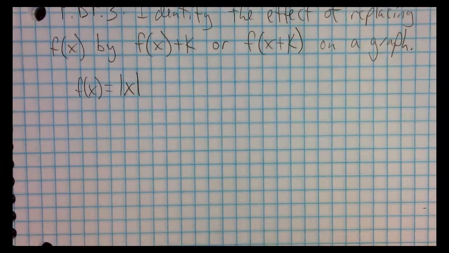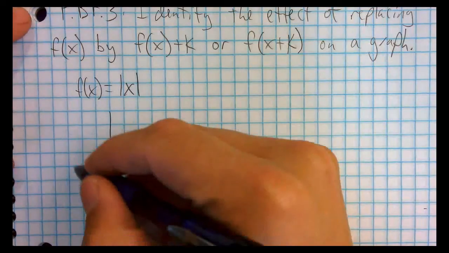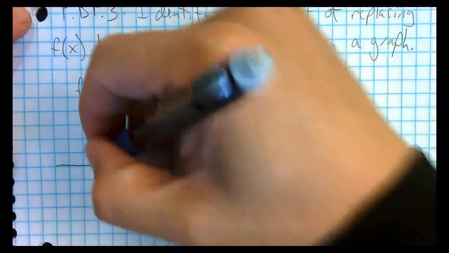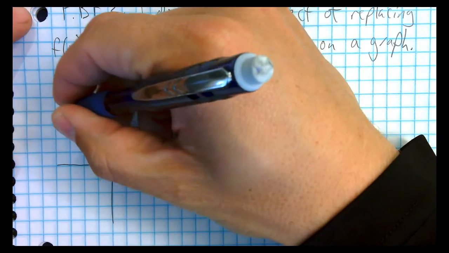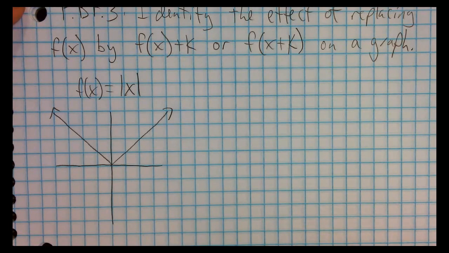Okay, so we all know from our last unit that that looks like this. All right, so that is the graph of f of x is the absolute value of x.